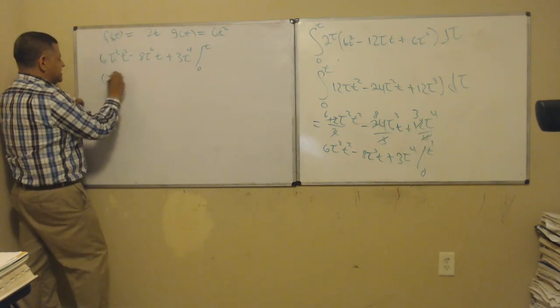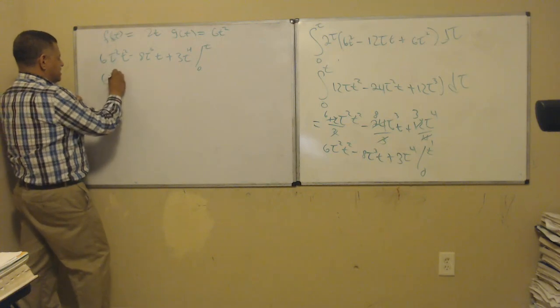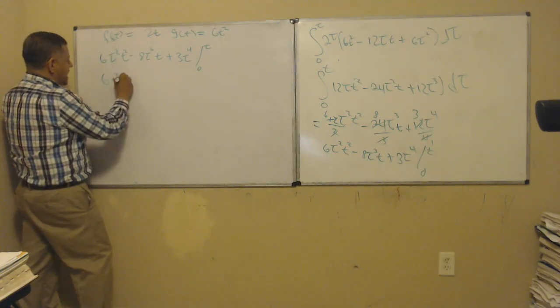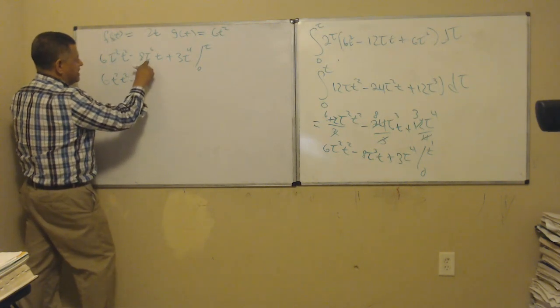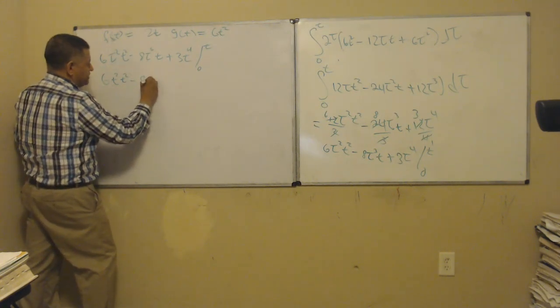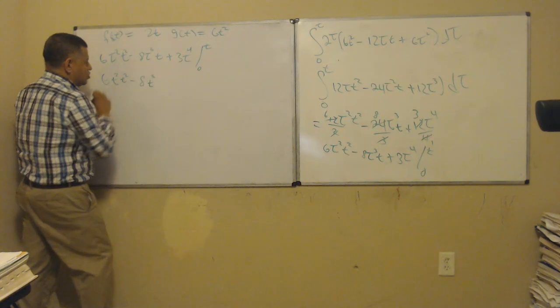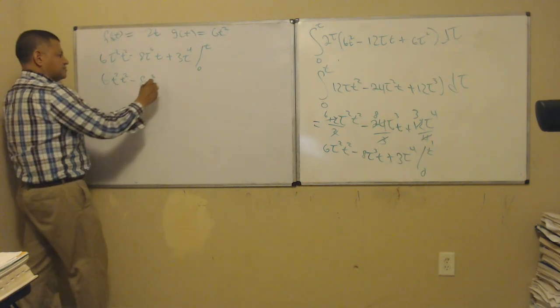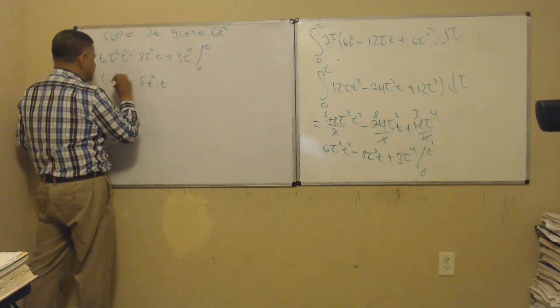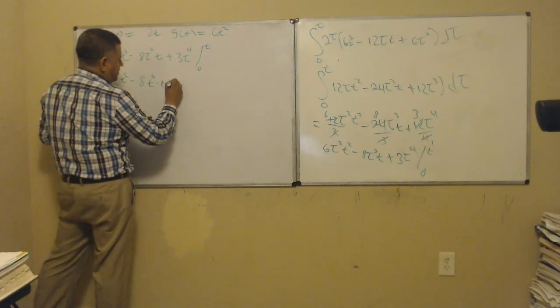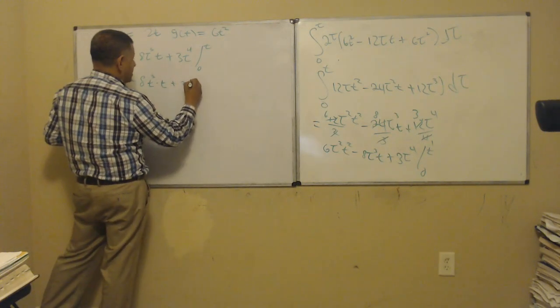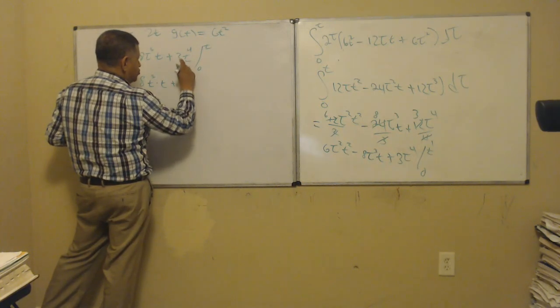So it's going to be t squared times t squared, minus 8. This is a tau, so it's going to be t cubed times t. Now plus 3t.